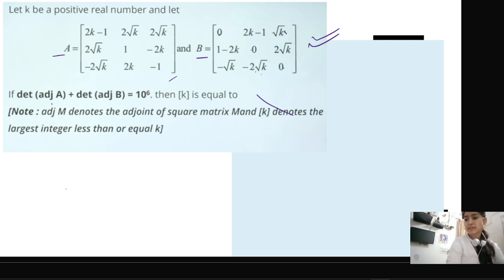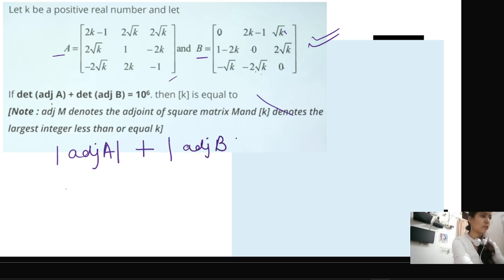So from here we can say this matrix gives us 0. Okay. So now from here it says determinant of adjoint A plus determinant of adjoint of B is equal to 10 raised to power 6.